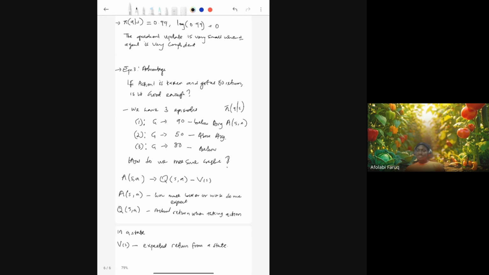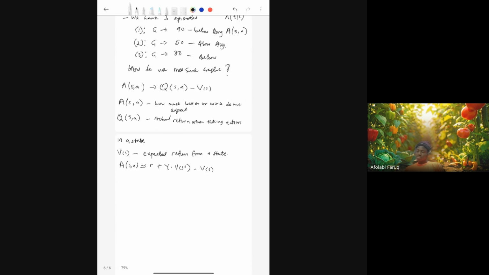So in doing that, we say A of S comma A is approximately R, which is the return, plus gamma, which is the discount factor, times V of S prime, which is the future state, minus V of S, which is the expected return from a given state.